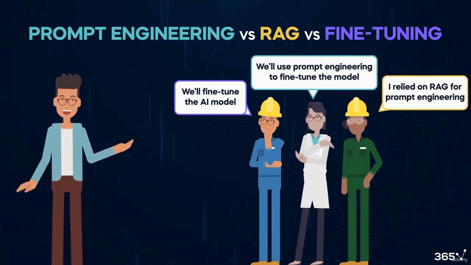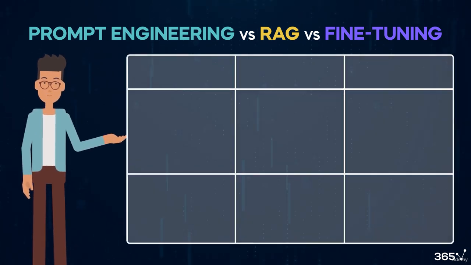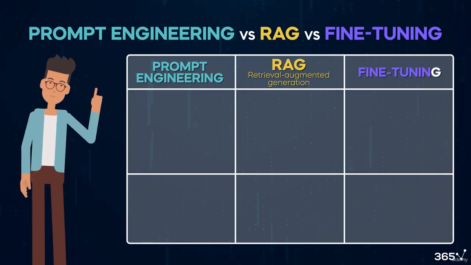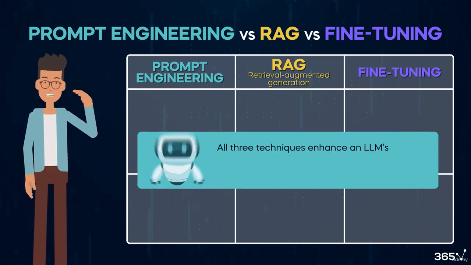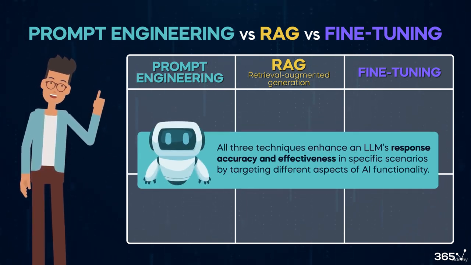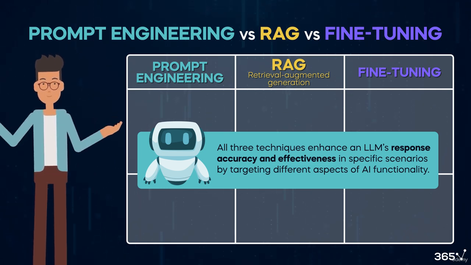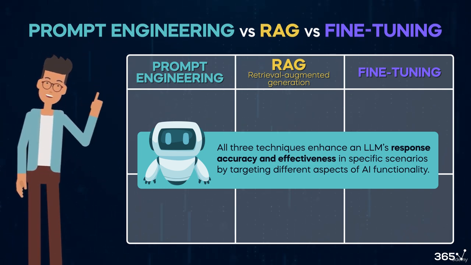Typically, they refer to one of 3 distinct methods: prompt engineering, RAG, or fine-tuning. All 3 techniques enhance an LLM's response accuracy and effectiveness in specific scenarios by targeting different aspects of AI functionality.